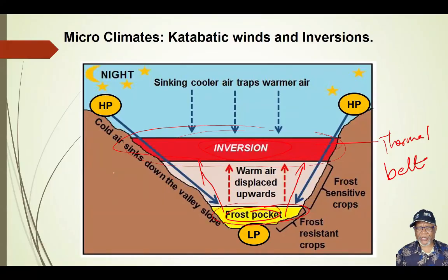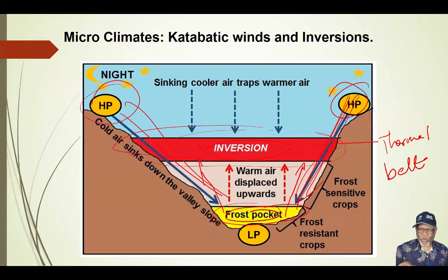This takes place during cold, calm winter nights, where you're going to experience cooling because of terrestrial radiation and cold air accumulating and subsiding.